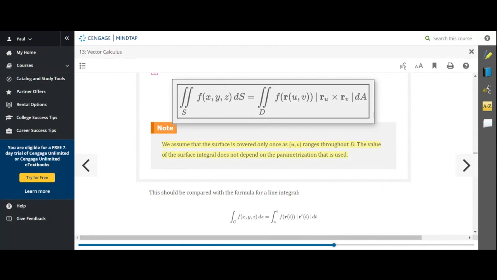But in order to compute a surface integral, you need the parameterization of the surface. So for each surface, we need to get its parameterization, because that's what this formula is based on. R of UV, that's the parameterization of the surface, right? So that being said, let's go back.